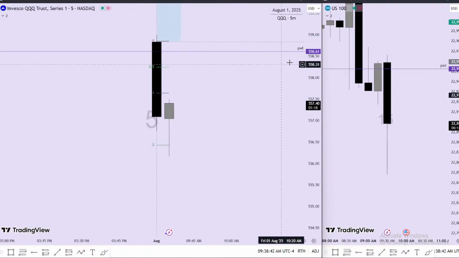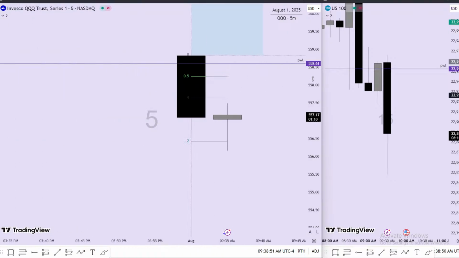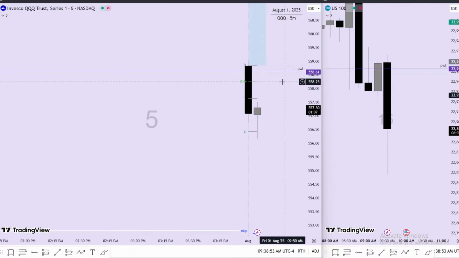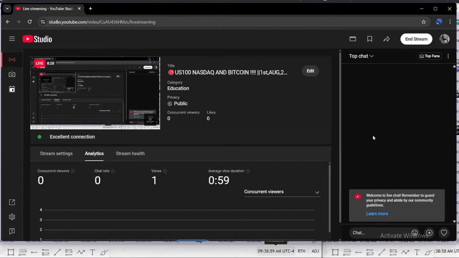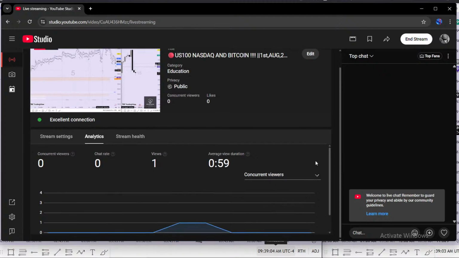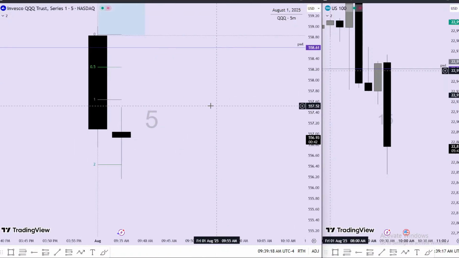Coming back to the 5 minutes, second bar is indicating choppiness.